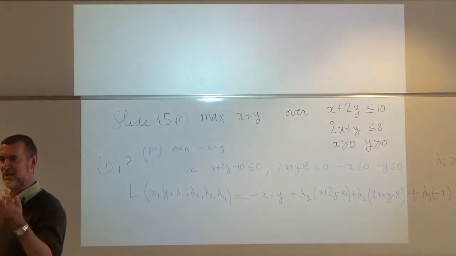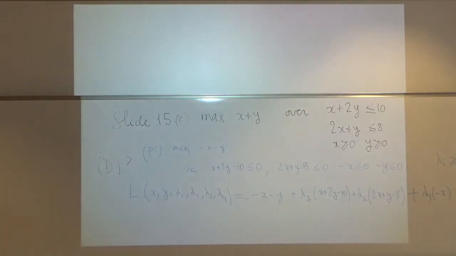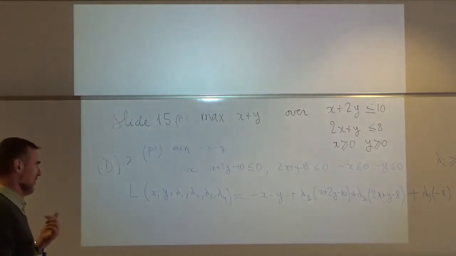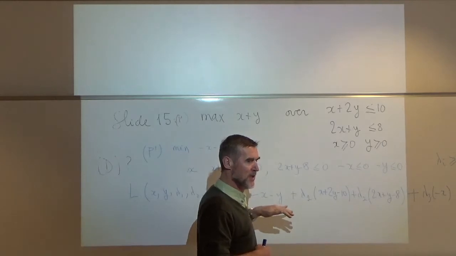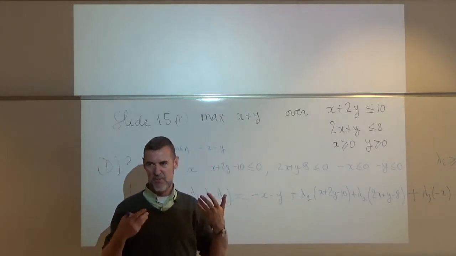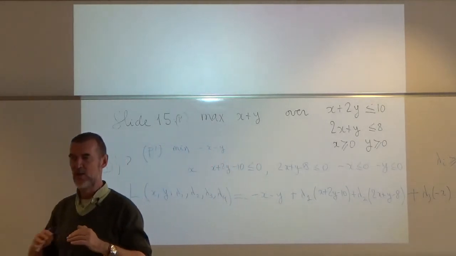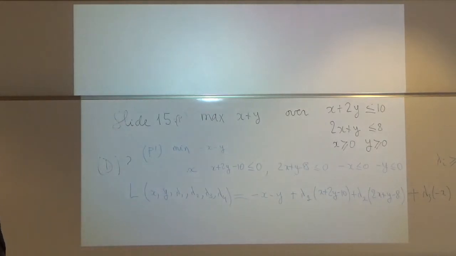And this is the trick. When is that bounded from below? Well, I optimize this over x and y. That's a linear function of x and y. A linear function of x and y, in general, is not bounded from below.